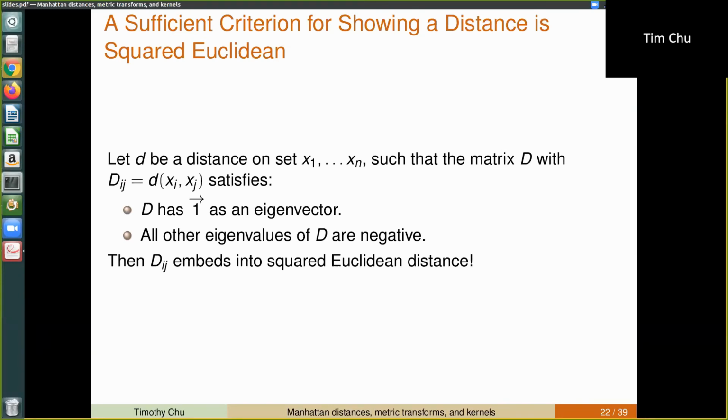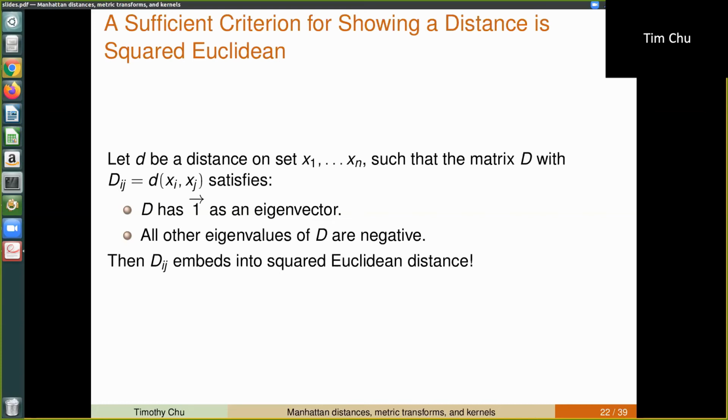Let's skip a couple examples, but let me just overview what that was all about. So a sufficient criterion for showing if a distance is a squared Euclidean distance, and you can understand this slide even if you got lost in the rest, is if you have a distance, fill the matrix D with the distance between xi and xj. Let's suppose, by magic, that D has the all ones vector as an eigenvector, and all the other eigenvalues of D are negative. Then Dij embeds into squared Euclidean distance.